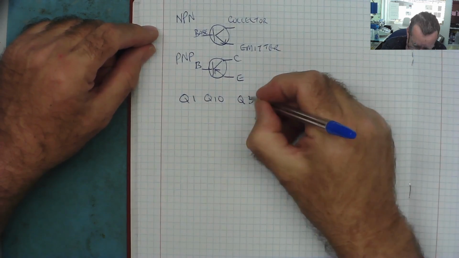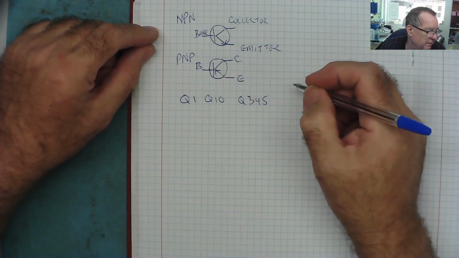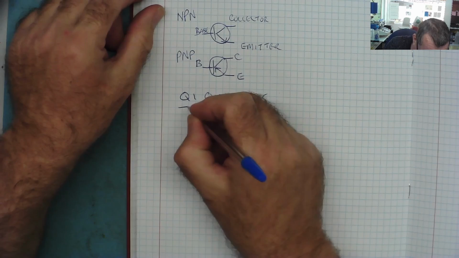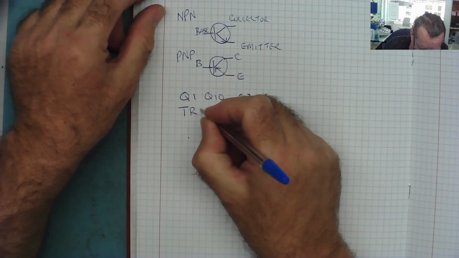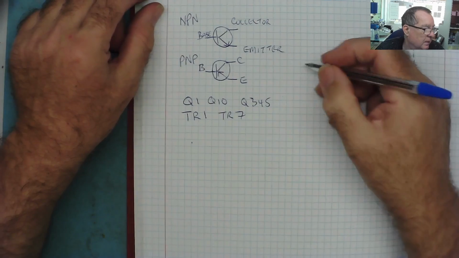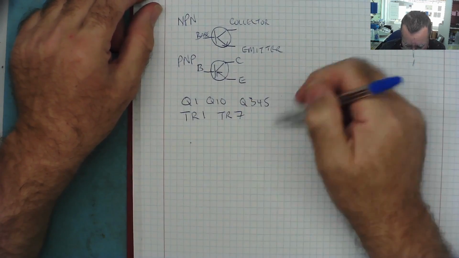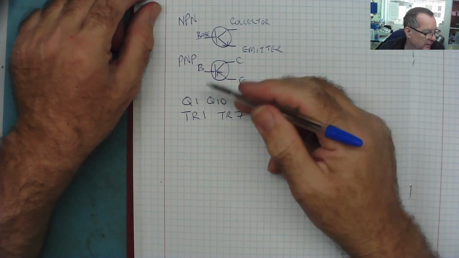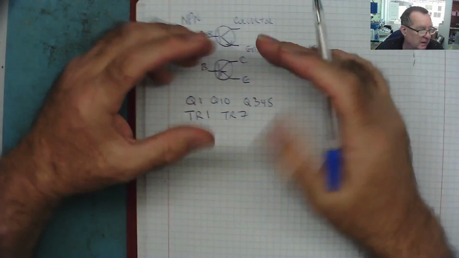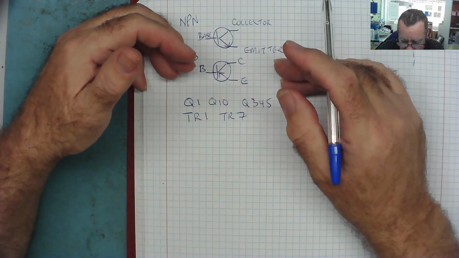So this is just the reference number for the component, not the value of the component, not the type. On older circuit boards, you might find them quite often marked as TR1, TR7, and so on. But certainly in more recent stuff, and probably for the last 30 years to be quite honest, they tend to be marked this way. So that's one way to identify a transistor.